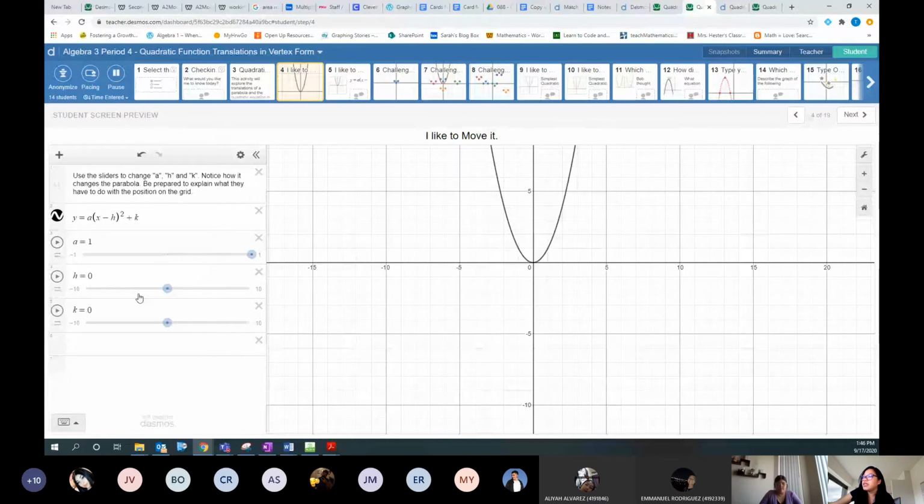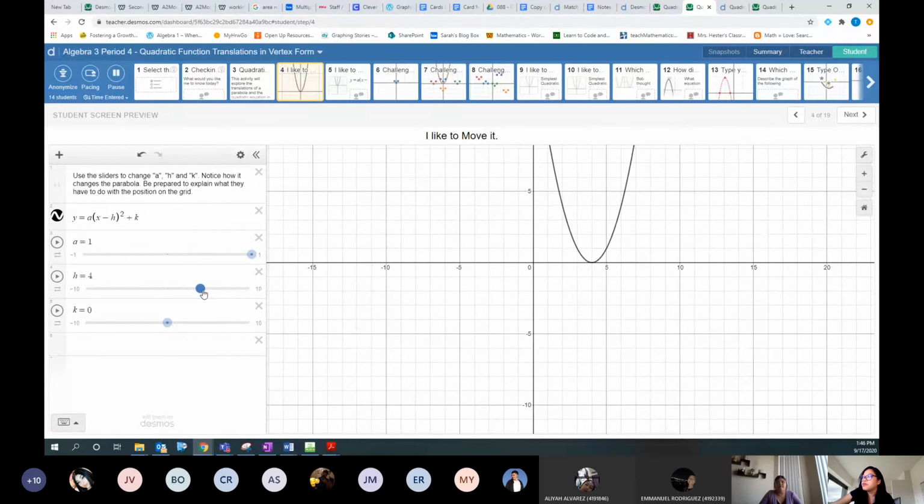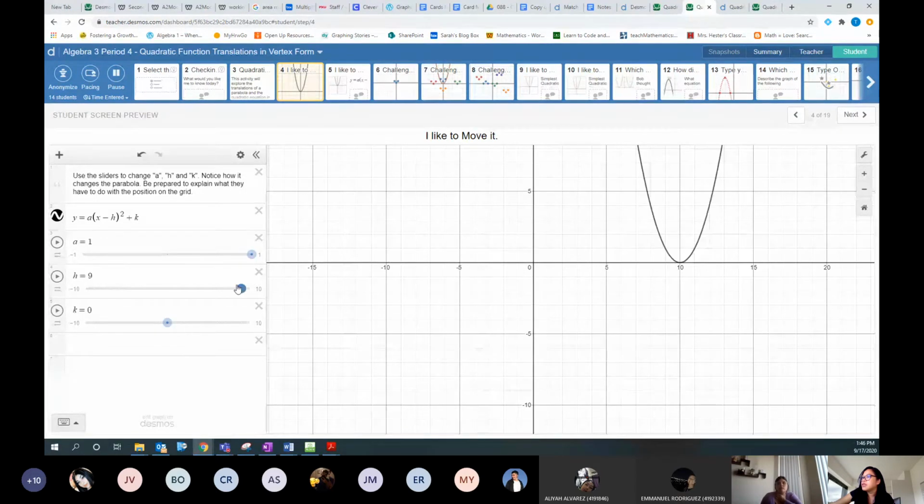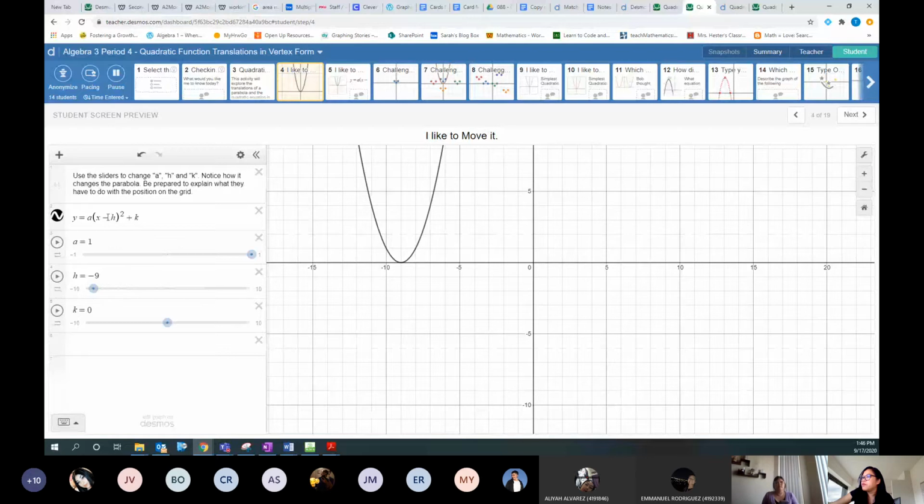And then for H, as we go to positive 10 and then to negative 10, that's what happens. Positive 10 goes to the right, negative 10 goes to the left. And remember, we have a minus in the equation.